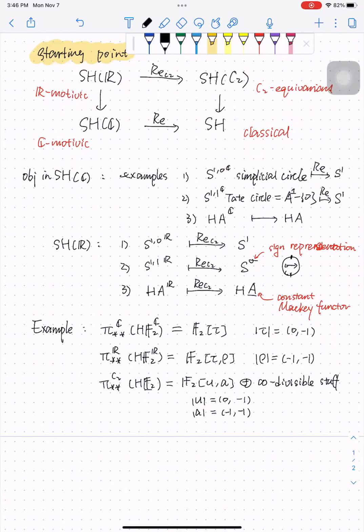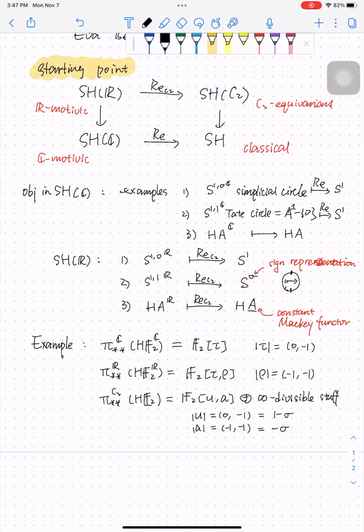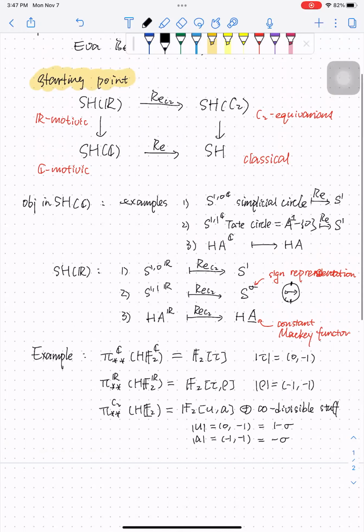Or maybe a better way to write that is, this is 1 minus sigma, and this is negative sigma. So sigma is the sign representation. Okay, and as you expected, under the C2 realization map, tau is realized to U, and rho is realized to A.